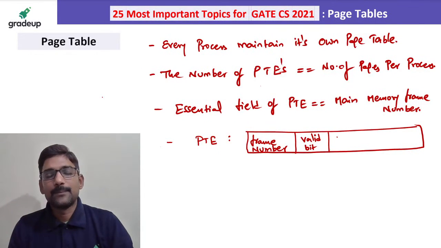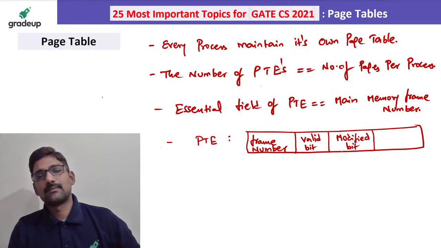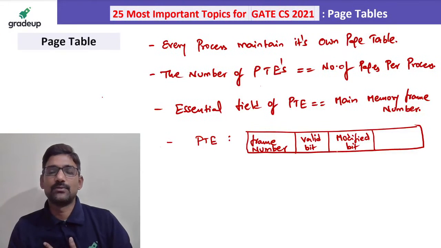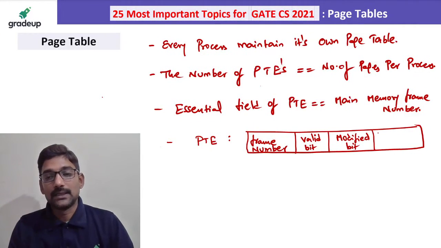And there may be a field called modified or dirty bit. This says whether the page is modified by CPU or not, because upon replacement this dirty bit helps.